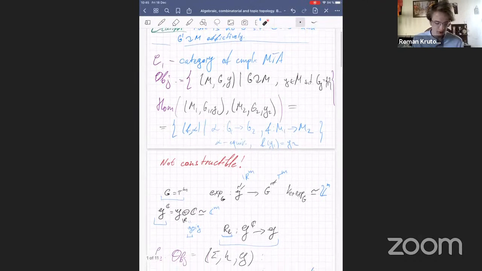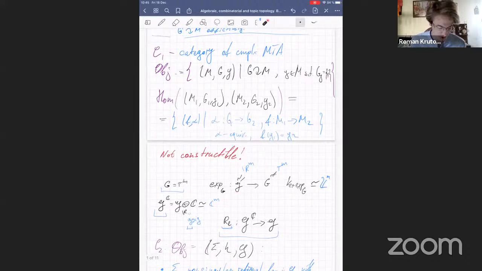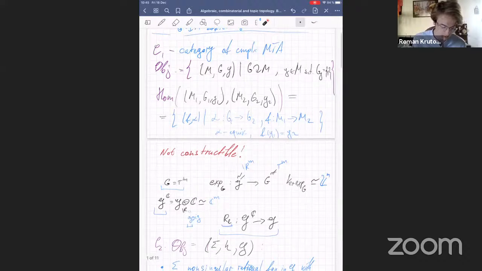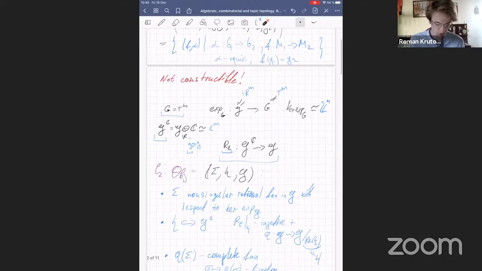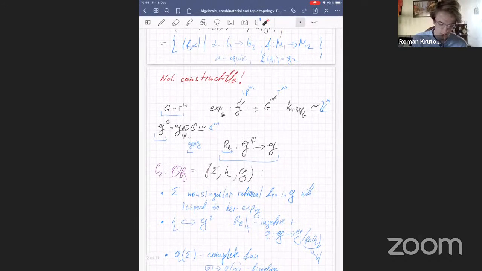We also consider the complexification of this Lie algebra, G_C, which is isomorphic to C to the power m. It can be decomposed as a sum of G plus iG, and we denote the projection to the part G as the real projection, denoted by RE. So the objects of this new category C2 would be triples of some fan, some linear subspace in G_C, and G itself.